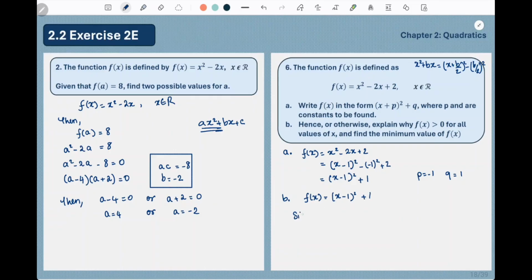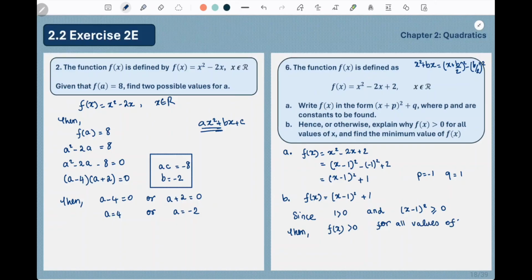So since 1 is positive, and (x minus 1) squared is always greater than or equal to 0, then adding them together is going to give you a positive function for all values of x, right?